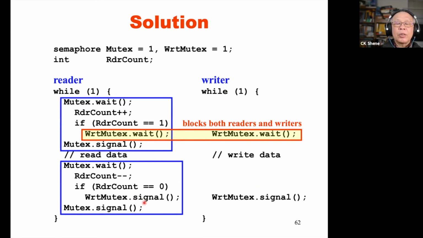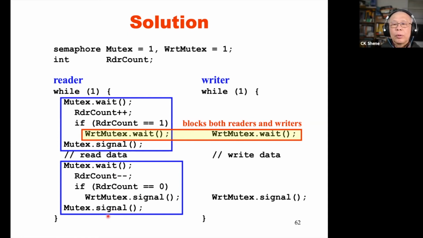This is the exercise I asked you to think about earlier. Then I can read the data. Upon exit, lock the semaphore for protecting reader count, subtract 1 from it. If I am the last one, then I signal this semaphore. And then release mutex and I'm gone.